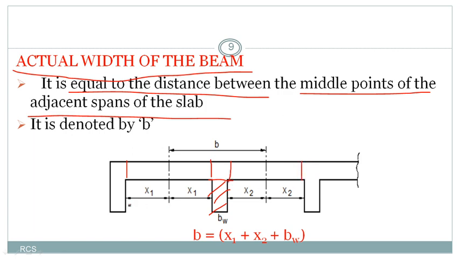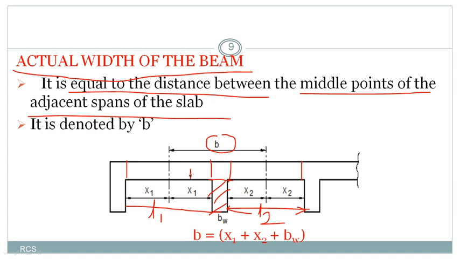Say L1 is one of the adjacent spans to the beam, and we have one more adjacent span on the right side, that is L2. Now what does this actual width of the beam mean? It's the distance between the center or middle points of two adjacent spans of the slab.